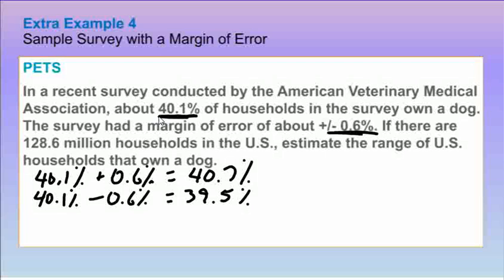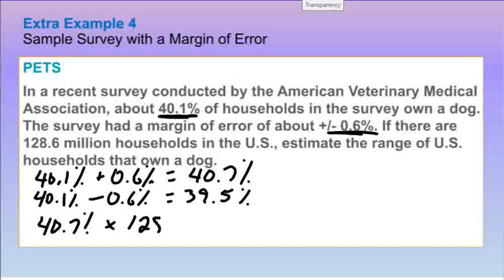So these are the percentages we're going to use. So to find what is the range, so if I have 40.7% of, so times 128.6 million.